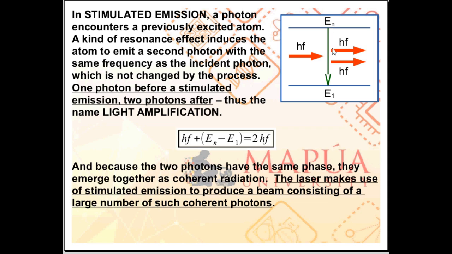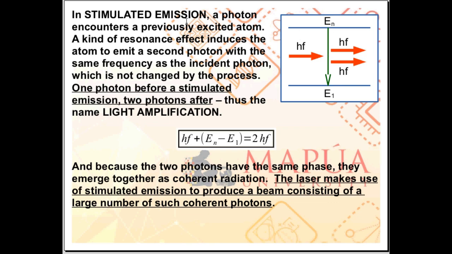The atom emits a photon of the same frequency. So final result, you have two photons of the same frequency. One photon before the emission, two photons after the emission.